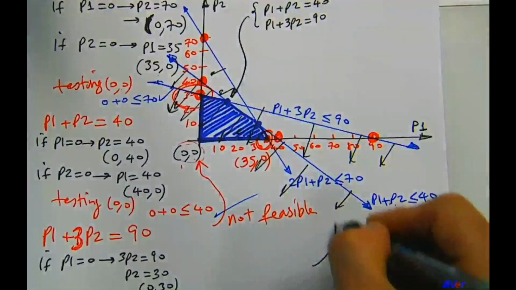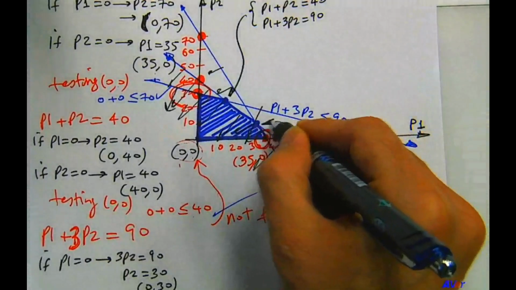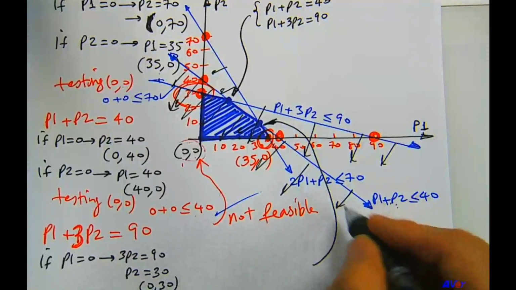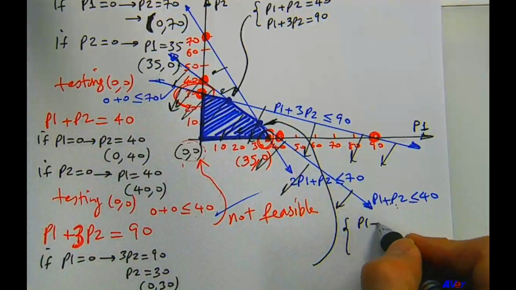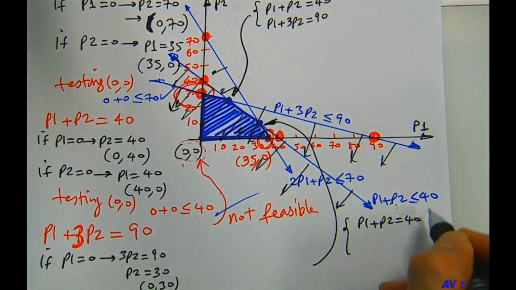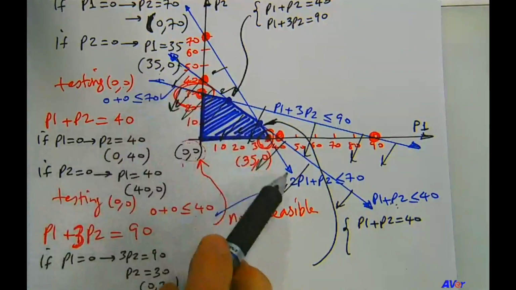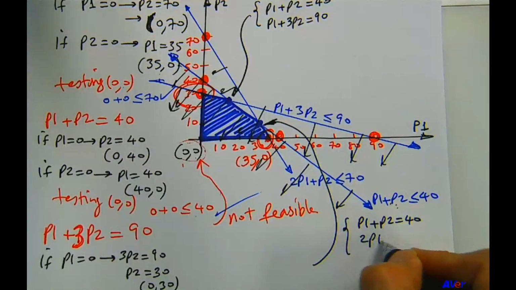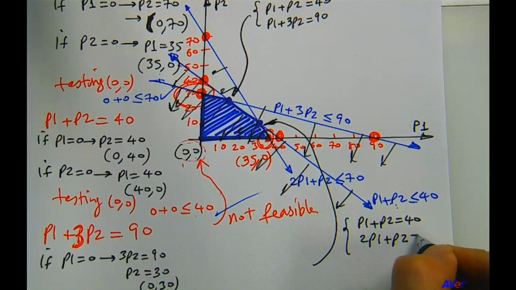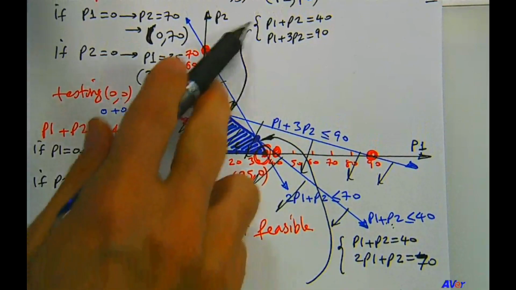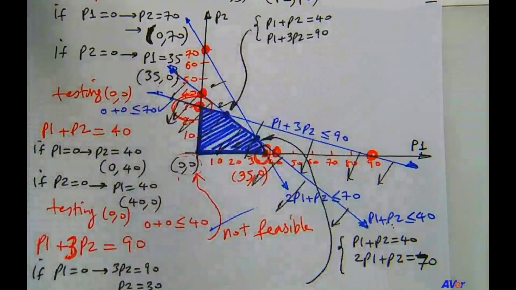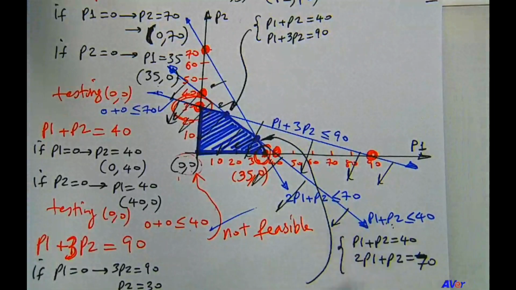The other system we need to solve would be the system of this line, again P1 plus P2 equals 40, intersection of that line with this one, 2P1 plus P2 equals 70. So you can see that system is one we need to solve, and this system is another system we need to solve.